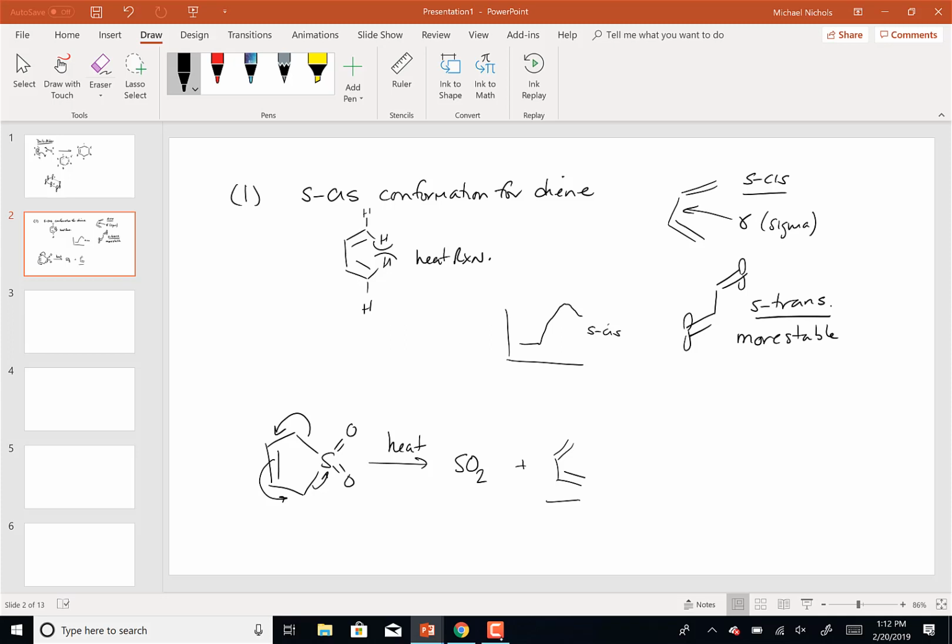So then I modified it and used a different version of that experiment over the summertime, and it worked great, and that's what we used. So if you saw that, you might see in your IR that you have a little bit of uncracked sulfolene. And that just means you didn't make butadiene, so you couldn't have made the product. So that's rule one. The diene has to be S-cis.